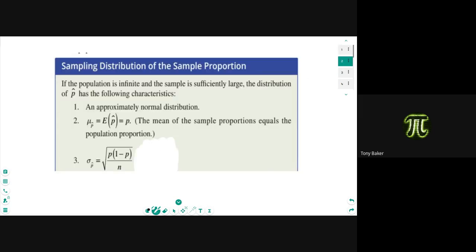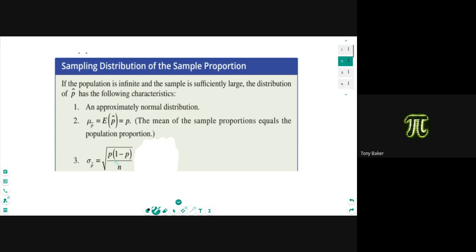So just to refresh your memory, when we're looking at proportions, these are ones that we're going to have to be able to figure out. You have to find your mean and your standard deviation for these problems. The mean will be the mean of the sample proportions, so they will typically give that to you.